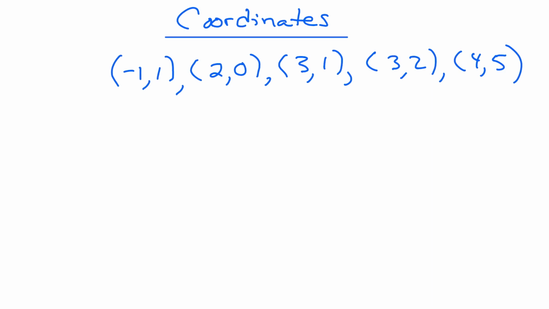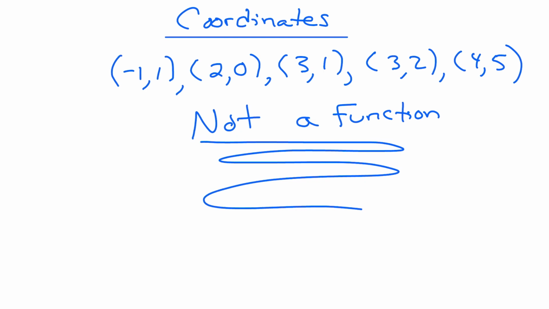If you notice, 3 goes to 1, but it also goes to 2. So since the input goes to 2 different values, this relation is not a function. Remember, a function can only go to one value, but since 3 goes to 1 and 3 goes to 2, this is not a function.